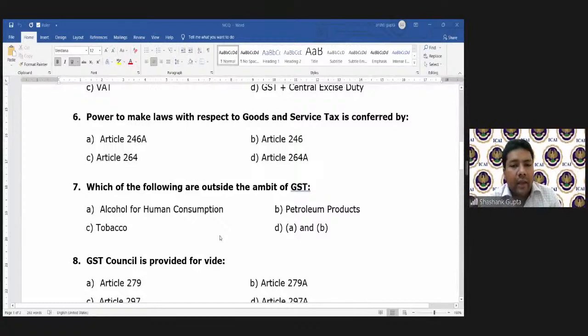Which of the following are outside the ambit of GST? A, alcohol for human consumption. B, petroleum products. C, tobacco. Or D, A and B both. 10 different answers at least. Only 3 people had answered last question.